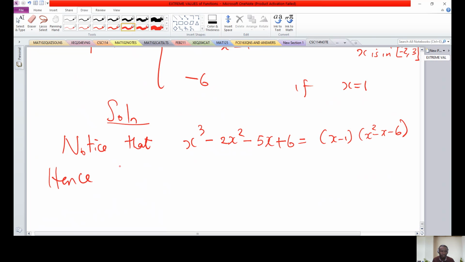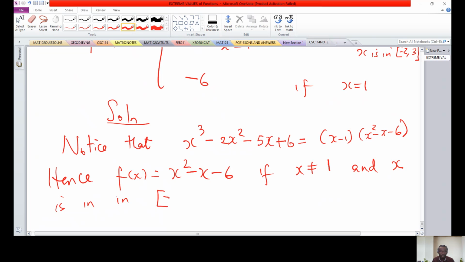Hence, f of x equals x squared minus x minus 6 if x is not equal to 1 and x is in -2 to 3 when you cancel out.